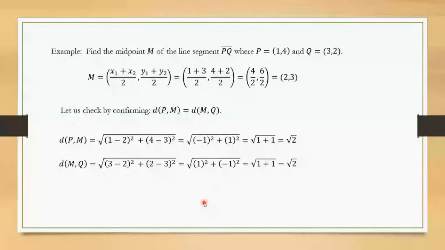Okay, that's fun. So let's do an example. Let's do this one. We're going to find the midpoint of this line segment where P and Q are these points. But again, it's easy. It's just that formula, which you don't have to memorize because the exams are open book in this class.